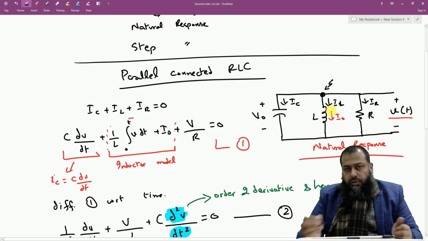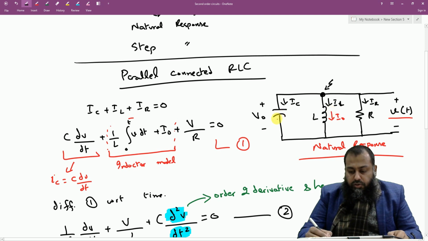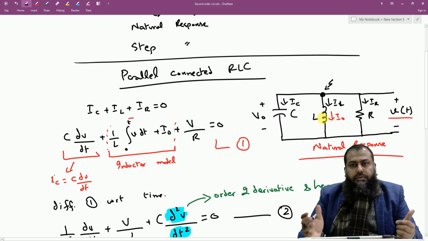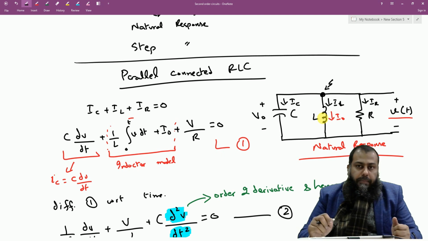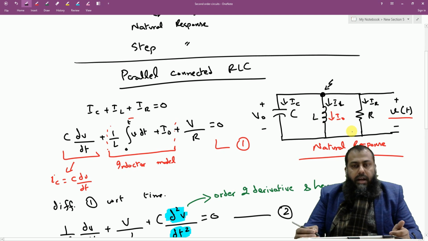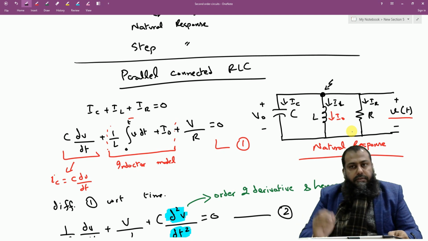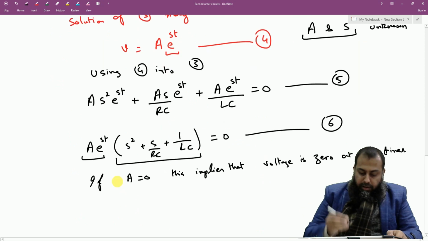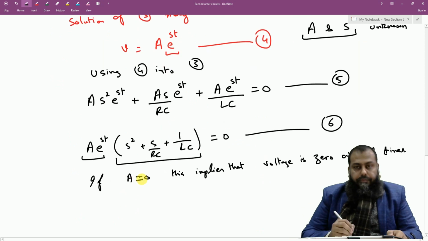But we should notice that there are two energy storage elements here. This is C, the capacitor, and we have this inductance L. They both have some energy stored prior to the disconnection of the source from this circuit, and that stored energy will be delivered to the rest of the circuit. Therefore it is not possible to assume that there is no voltage for all values of time in this circuit. And therefore, going with this approach, A cannot be equal to 0, right?